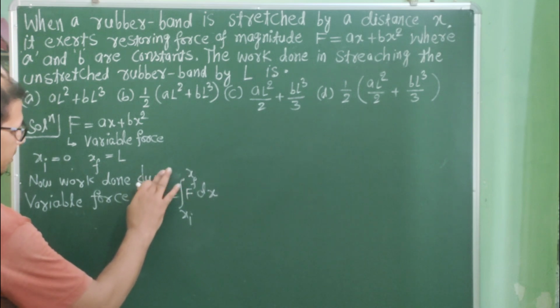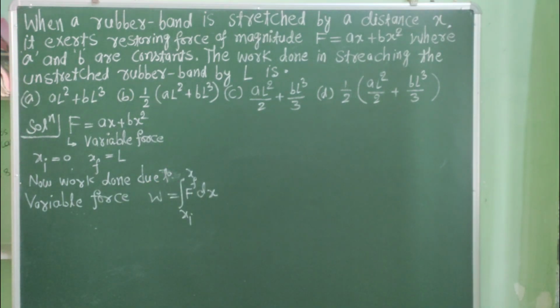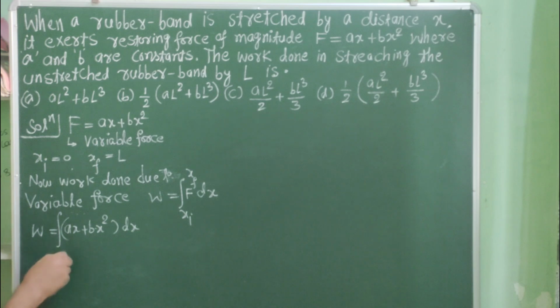This is an important formula for calculation of work done due to variable force. W equal to integration of F, that is ax plus bx square, dx, from 0 to L.